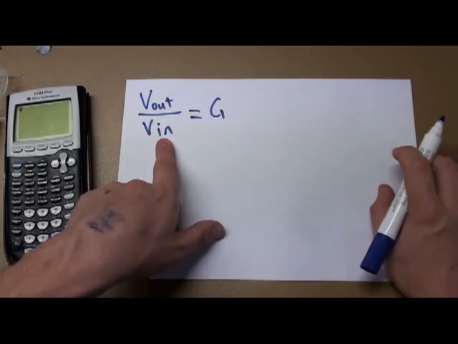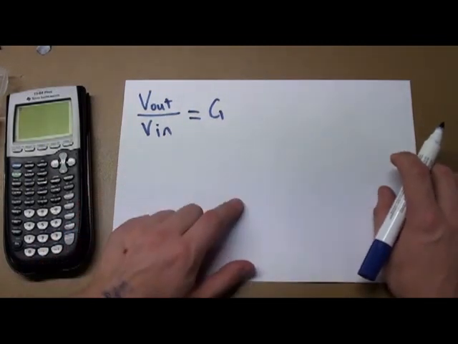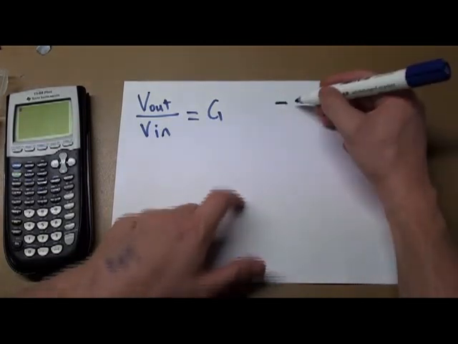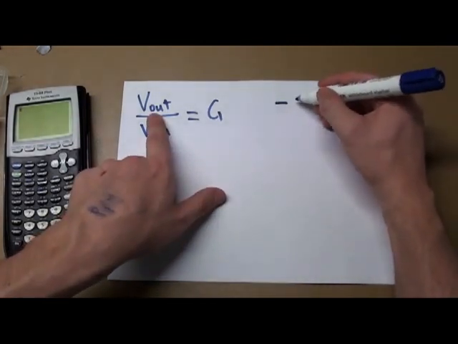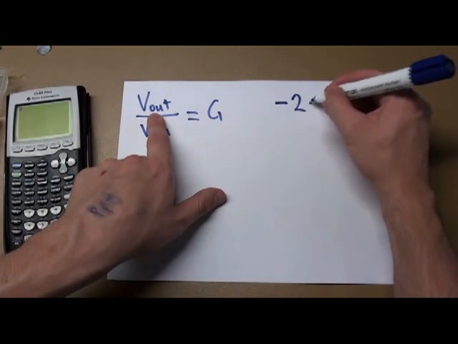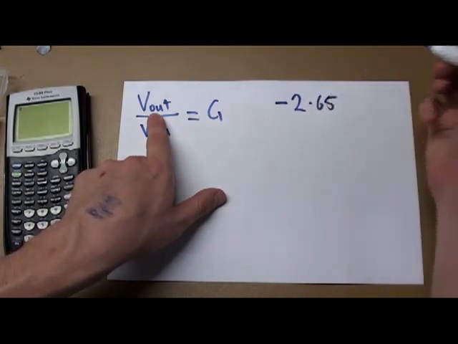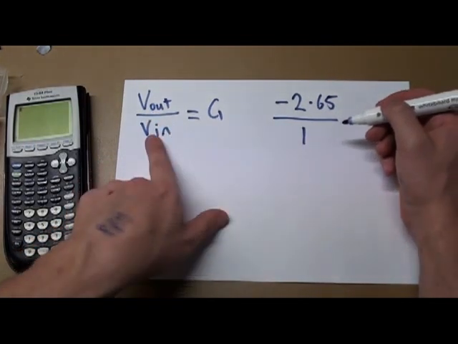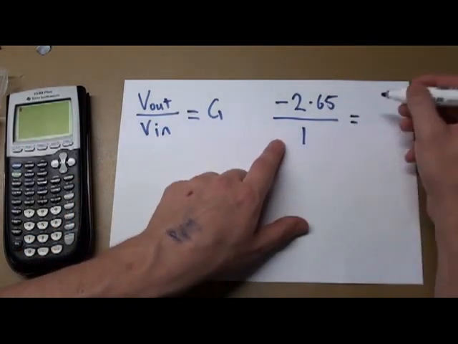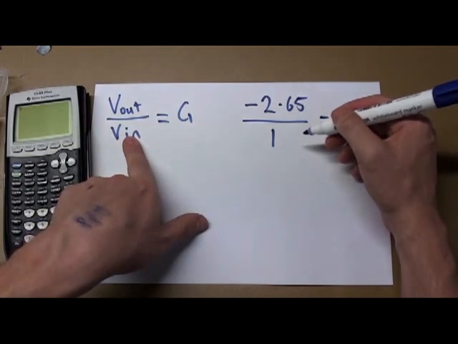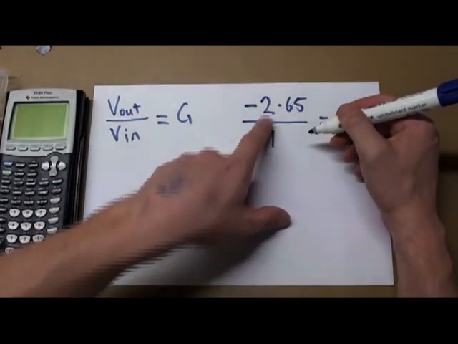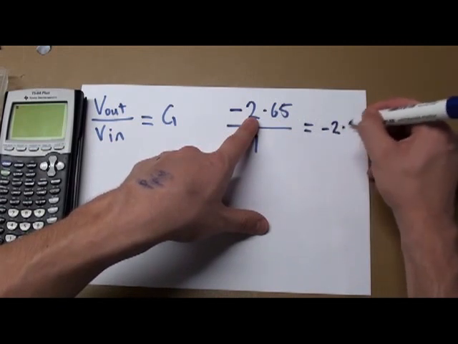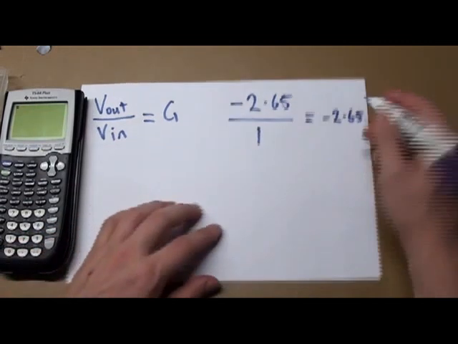So for our first amplifier, the inverting amplifier, we already know it's negative. So V out, we worked out, was 2.65 volts, I think, on 1 volt that we put in. And it's very convenient that we put in 1 volt, hint hint, because it means our gain is just negative 2.65.